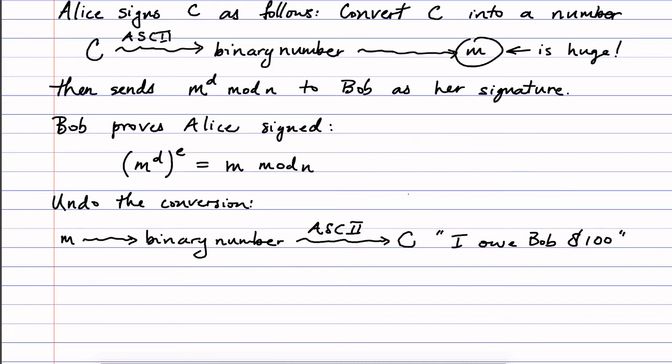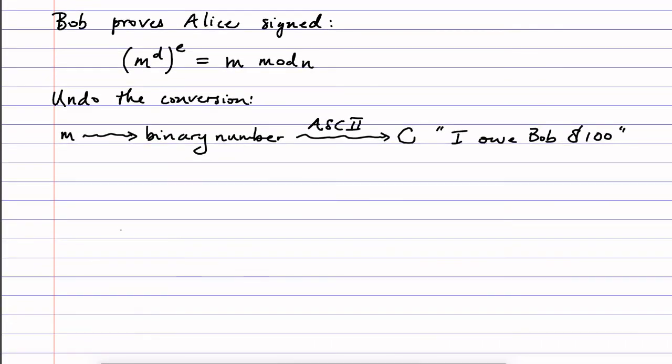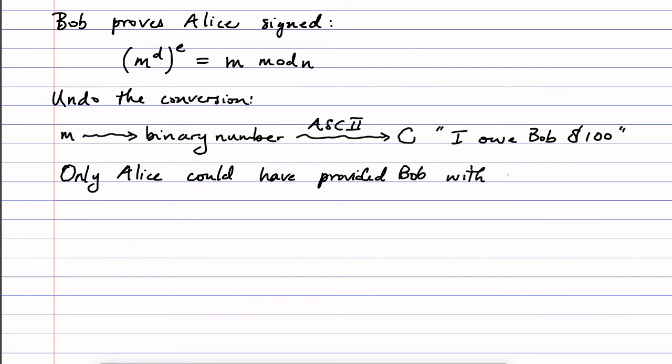And the whole point is, this proves that Alice signed because only Alice could have computed the number M to the D, which is exactly the number which, when raised to E, gives back the contract. So only Alice could have provided Bob with the number M to the D.